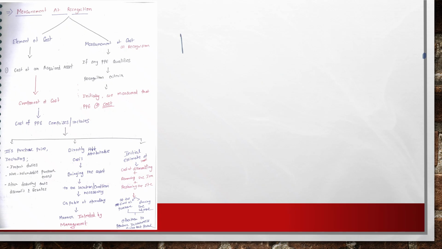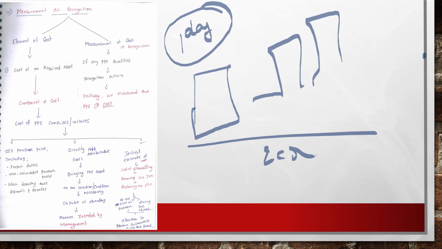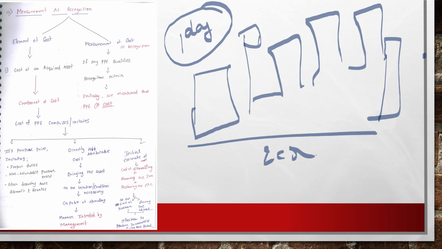See, on day one you started one asset and you use about 2 acres of land from the government, and you build a lot of construction of the plants, and then big chimneys and a lot of pollution equipment, and a lot of factory buildings you have constructed on these 2 acres.